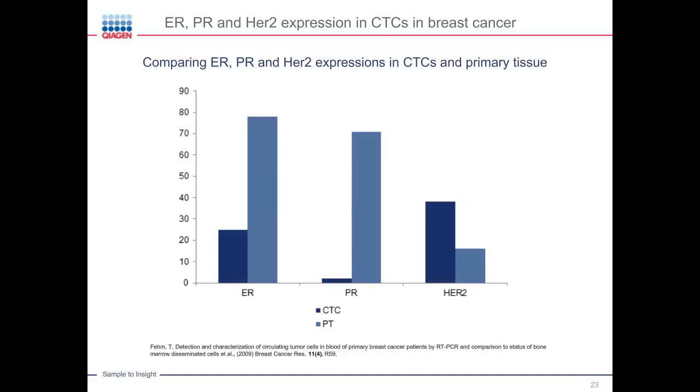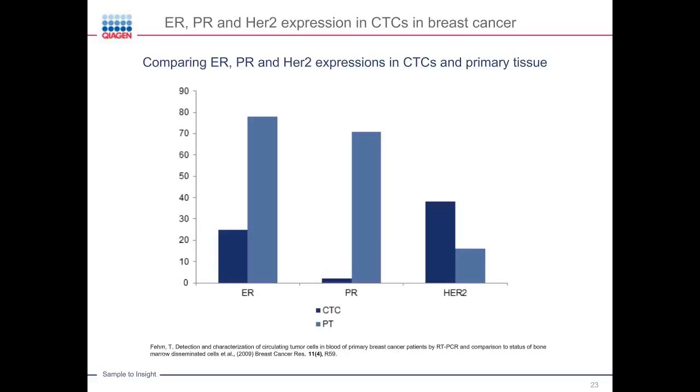But other than HER2, where we see a high proportion of de novo developed expression which was not there in the tissue, the estrogen receptor and the progesterone receptor get strongly downregulated once the cells go into the circulation, which is again a kind of marker of what tumor stem cell means, because a tumor stem cell is not a highly proliferative cell.